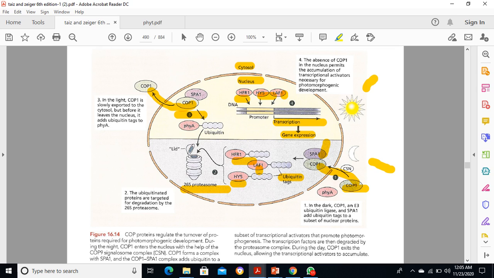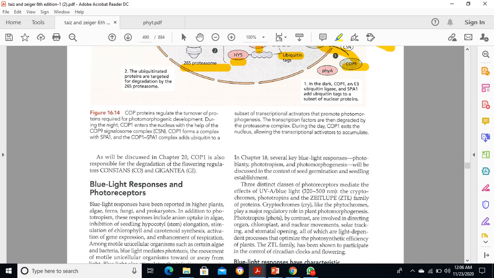Then what are the domains in the protein part? Then we saw the PIF-mediated responses, skotomorphogenesis and photomorphogenesis. And also we saw the various phytochrome responses, VLFR, LFR, HIR. Then we saw how phytochrome regulates gene expression. Then what are the mechanisms, that is, how the protein degradations occur when photomorphogenesis responses occur. So all these things we have seen about the phytochromes.